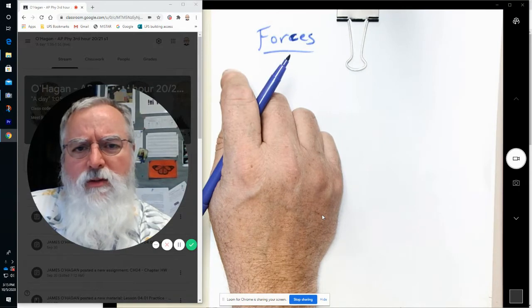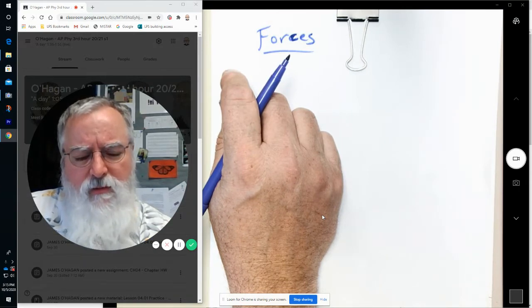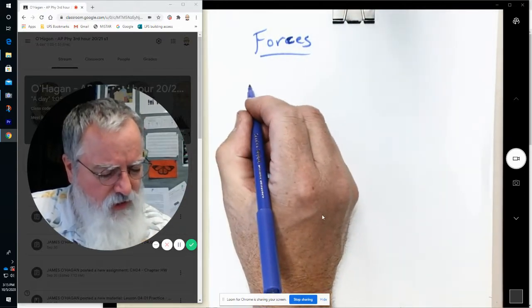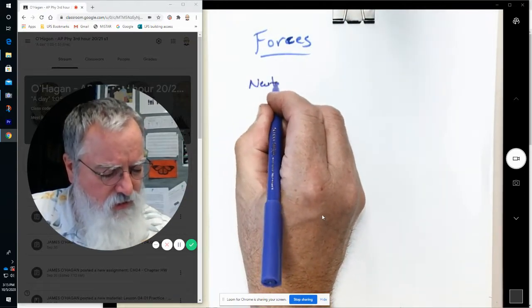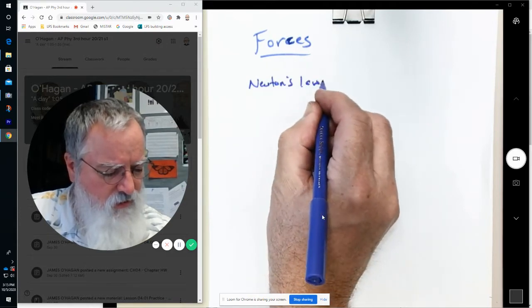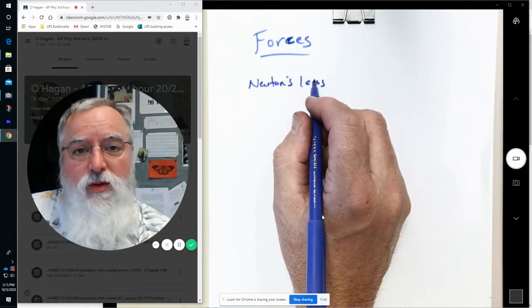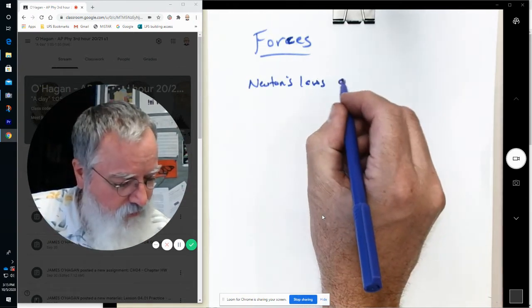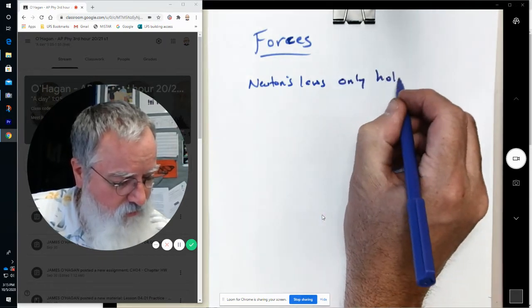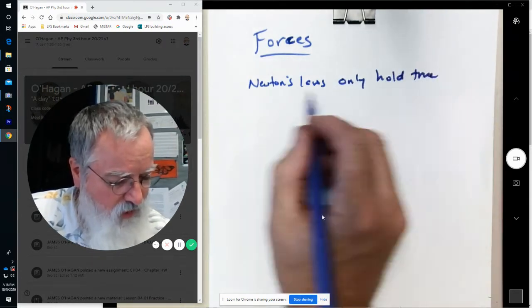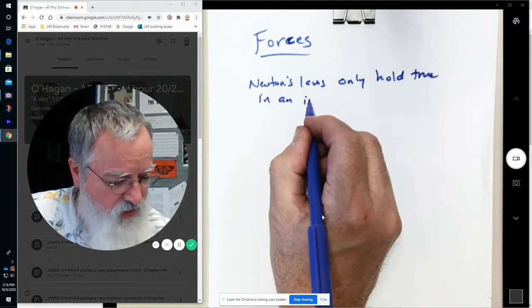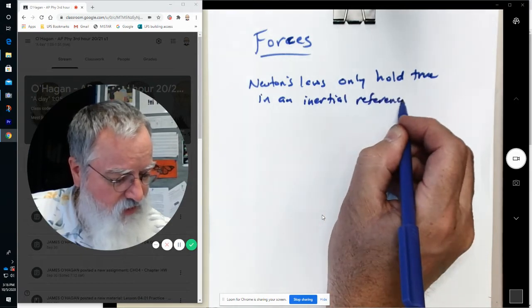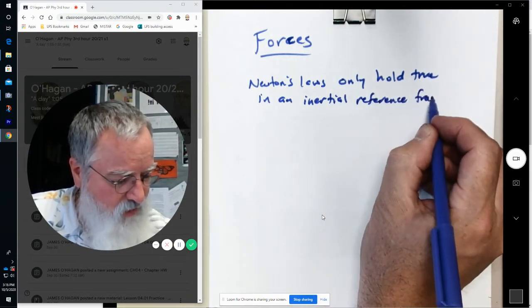We're going to do Newton's first and second laws today. But before we get into Newton's laws, I have to explain something about Newton's laws. Newton's laws only hold true in an inertial, I-N-E-R-T-I-A-L reference frame, R-E-F-E-R-E-N-C-E frame.